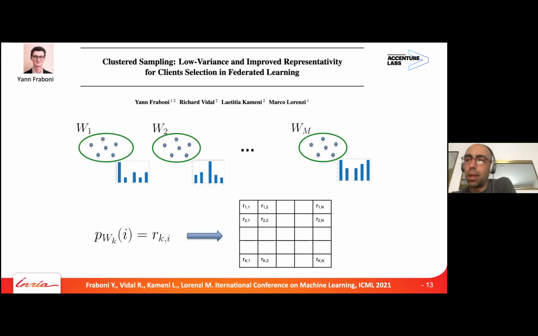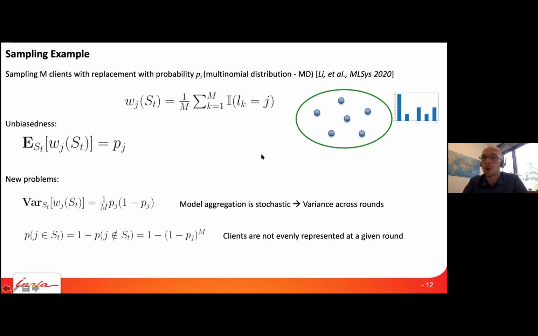Okay. So what happens is that we are running a federated optimization round. We ask all the clients to do their local optimization, but then we pick only M of them. How do we pick them? We sample them according to this multinomial distribution.